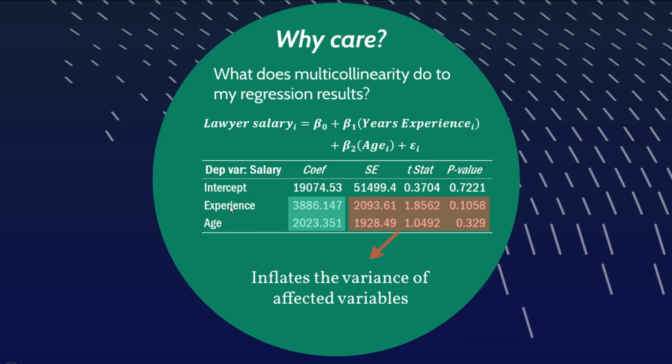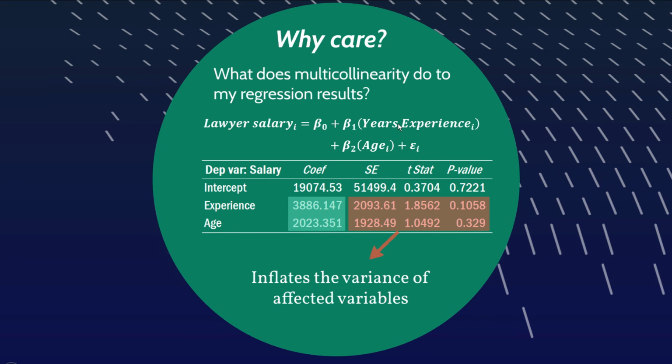So experience and age, if they're affected by multicollinearity, these standard errors are going to blow out. And indeed, they're quite high here, such that both of the p-values are reasonably high as well. And you'd know looking at these p-values that neither of these two variables seem to be statistically significant.